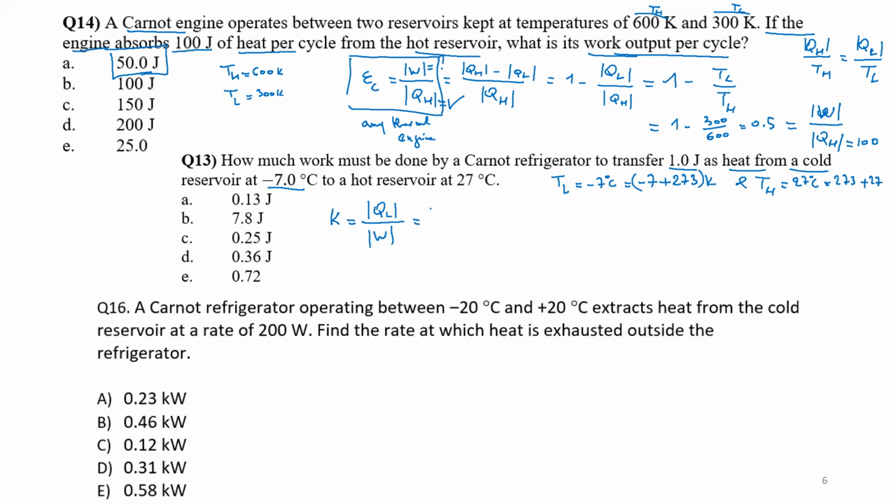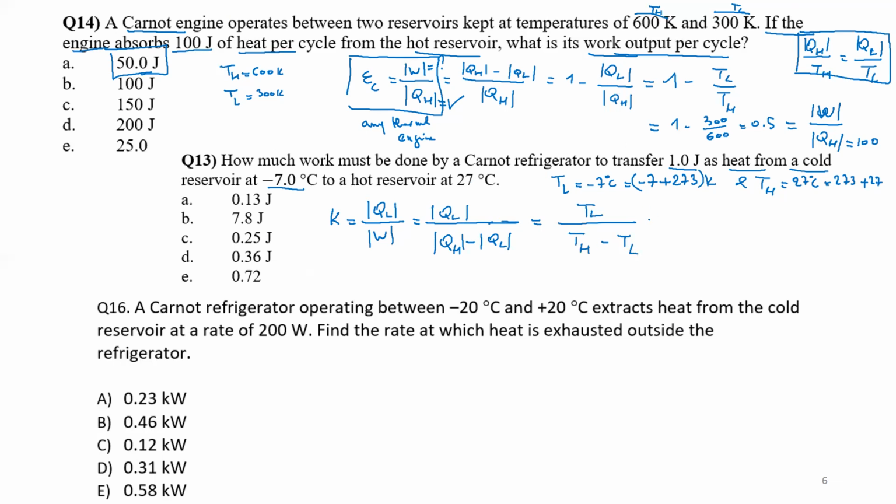It's equal to QL, it's in your formula sheet, divided by QH minus QL. And knowing that in a Carnot refrigerator I have this relationship, this will just give me, as it's in your formula sheet, TL divided by TH minus TL.